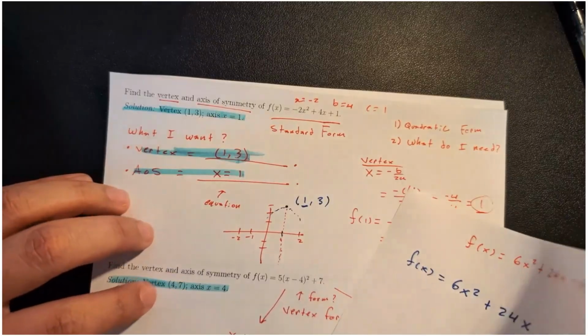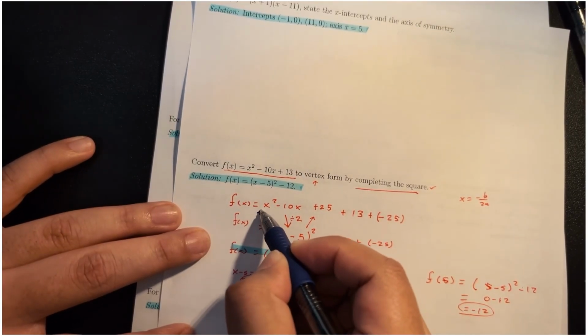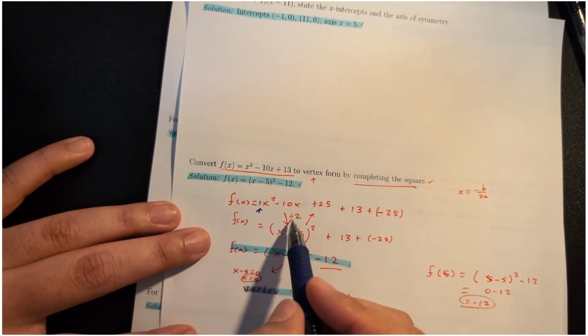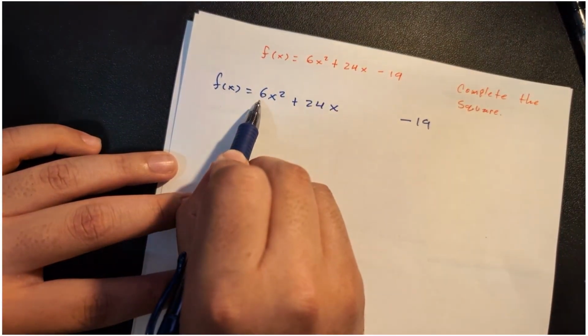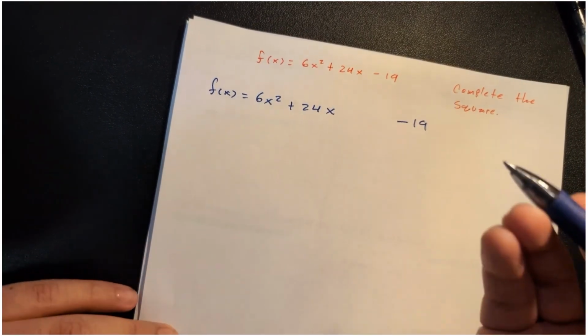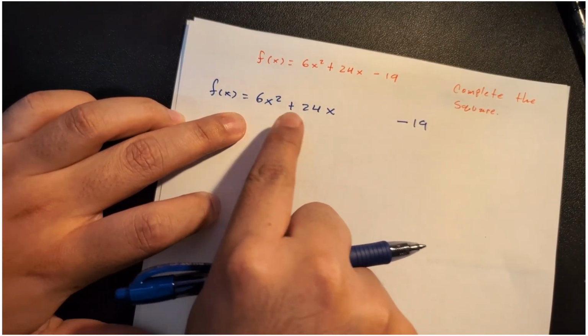In the previous problem, we had a leading coefficient of 1, so we didn't need to do anything. But here, what is our leading coefficient? It is 6. So what we have to do is factor a 6 out from the first term and the second term.